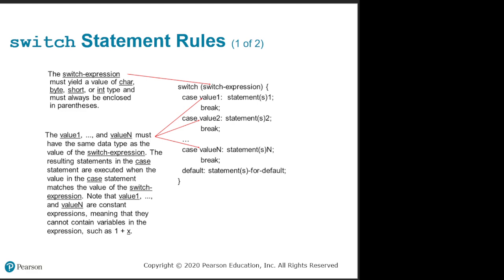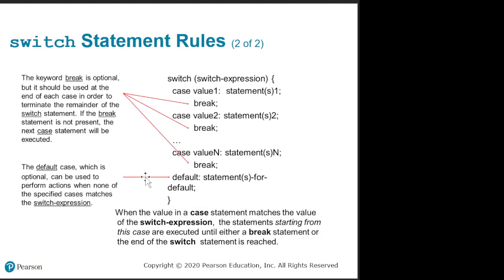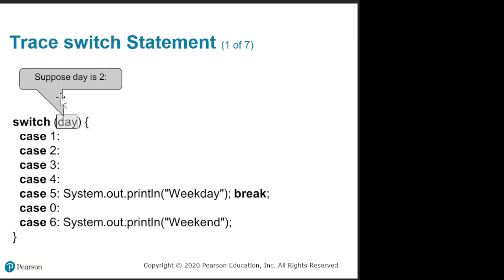And then when you get all the way down to the default statement, which is optional, it will perform an action if you fall all the way through this entire list and never hit anything. The break is optional, but it should be used so that the program doesn't have to run through everything in the switch statement. So let's look at a switch statement up close.